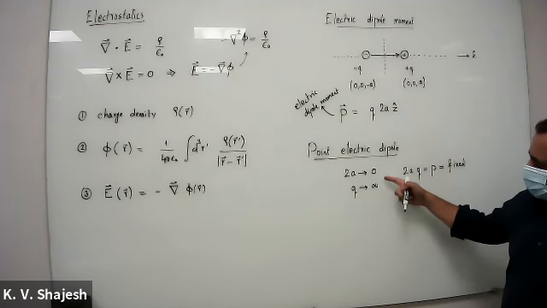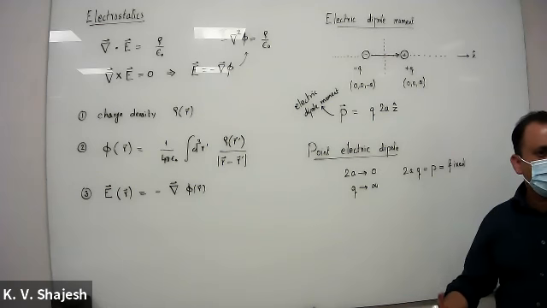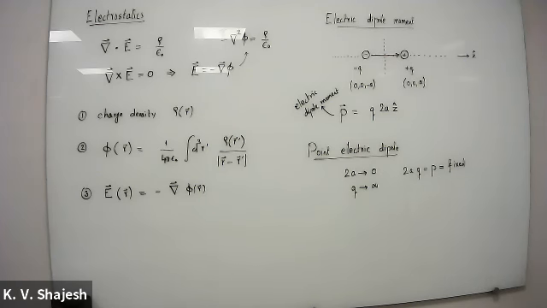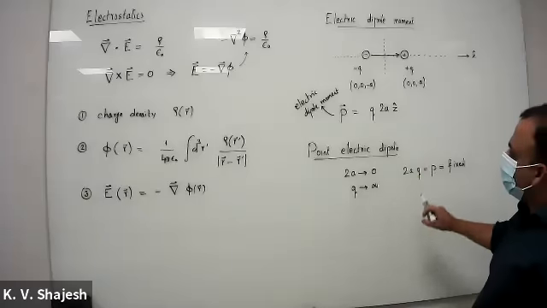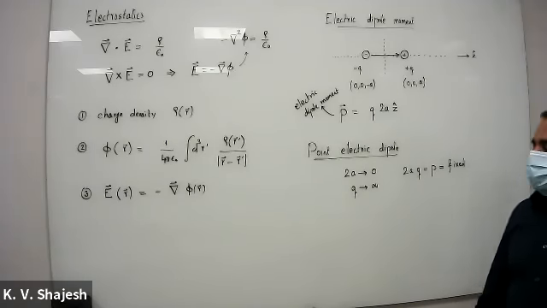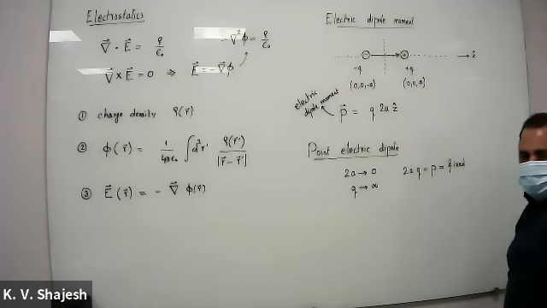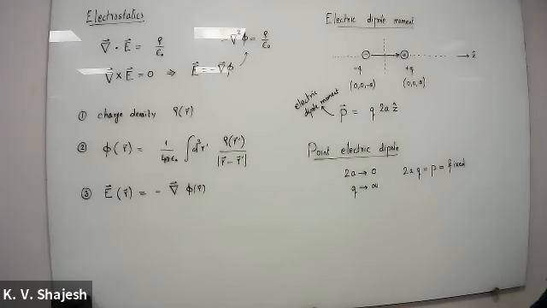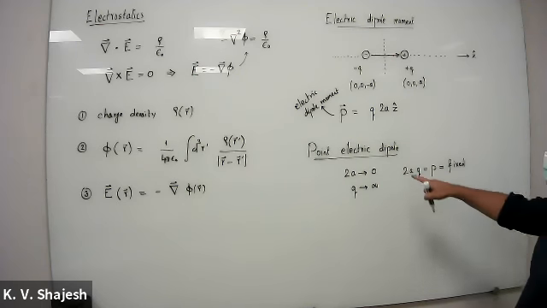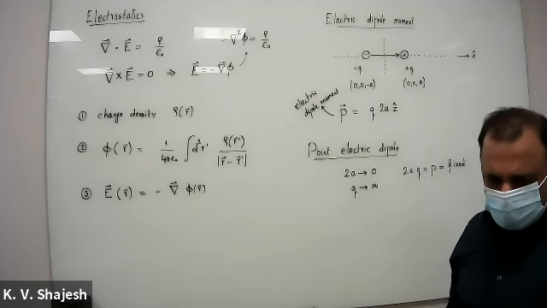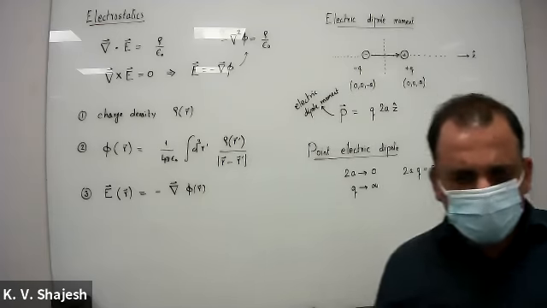So one is small and one is large, and that exactly cancels out. This is an extreme limit, and that's what a point electric dipole is. You have two charges right on top of each other, but there's a direction associated with it. So that will be our point electric dipole.